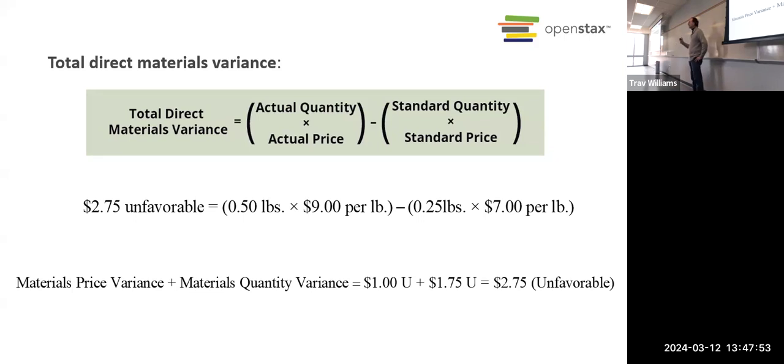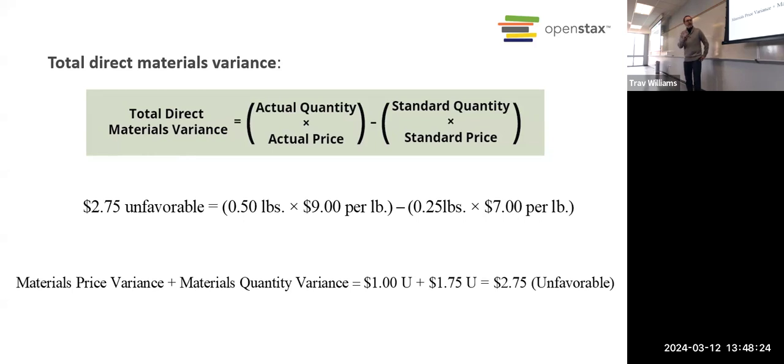I can't think of any situations where you have to do it that way. In the whole chapter, there might be one or two. But for the most part, I find it easier to do it this way. Once you know your price variance and your quantity variance, you simply combine them. And that gives you your total variance. To me, that's easier than having to do a whole another formula up here.